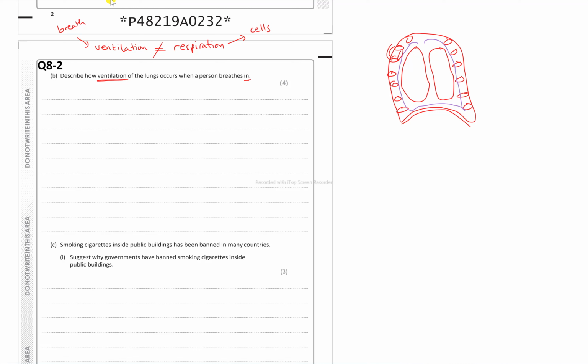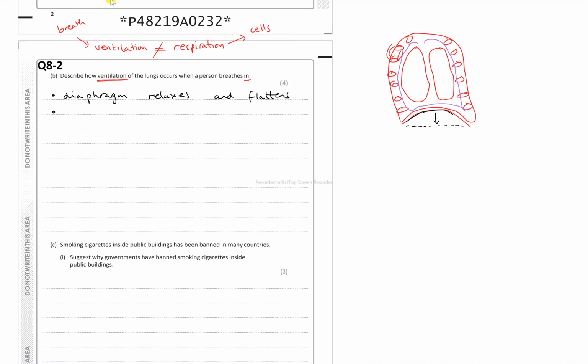So what happens is, let's use a different color. The diaphragm relaxes and flattens, becomes more flat, so it ends up like this.